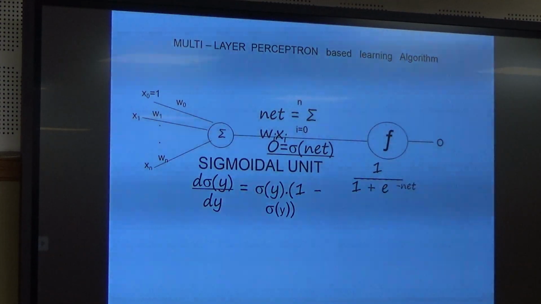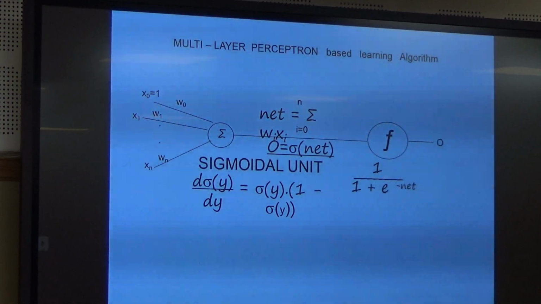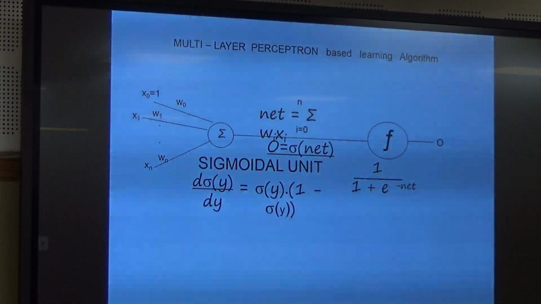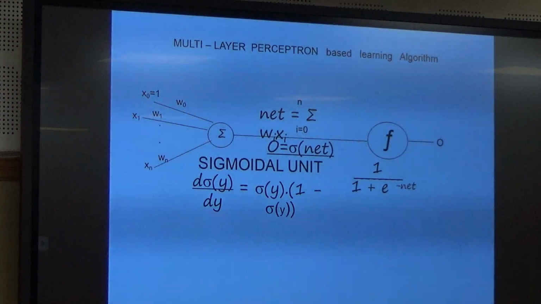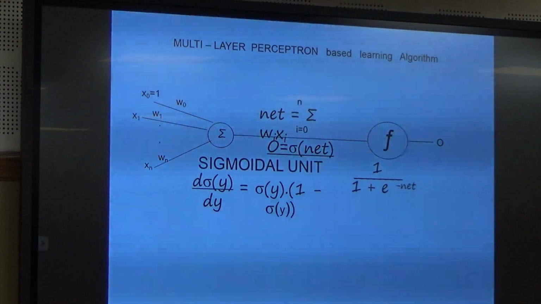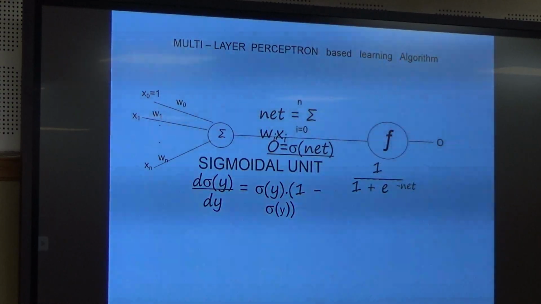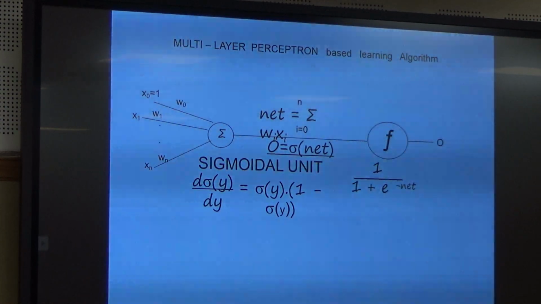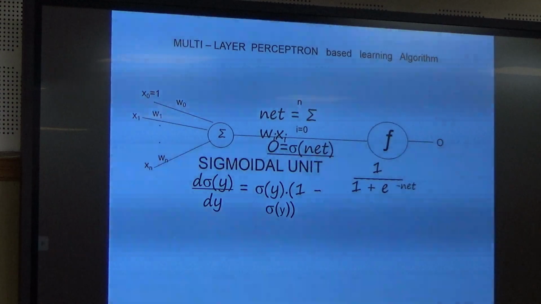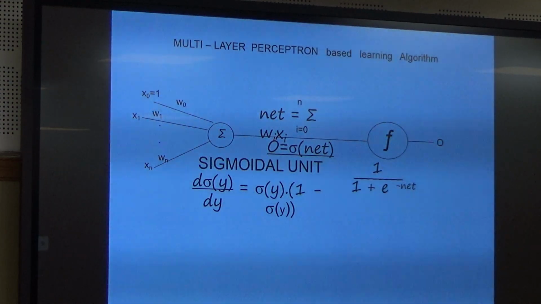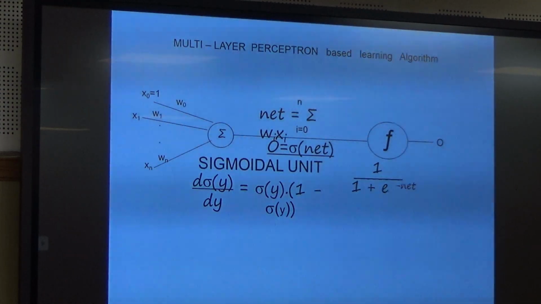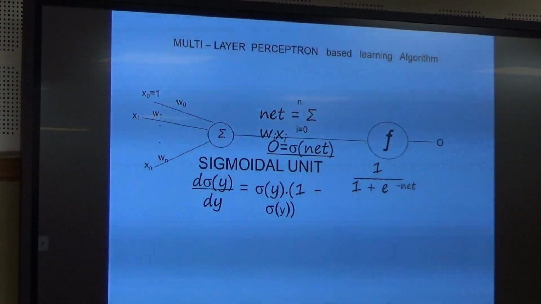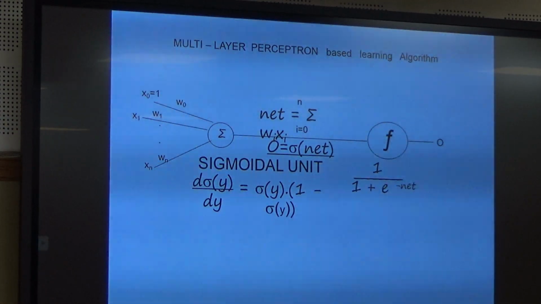See, the gradient rule requires that the function is differentiable. What I didn't say earlier is, even though I assumed a linear neuron, if it works for a linear neuron in the single perceptron case, it works for multiple, for nonlinear activation functions.